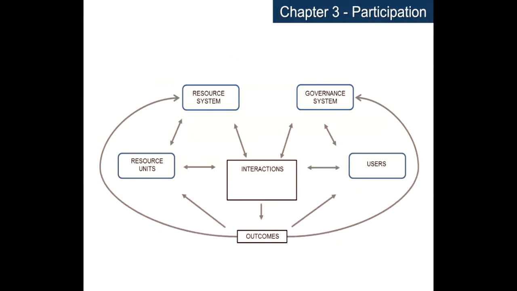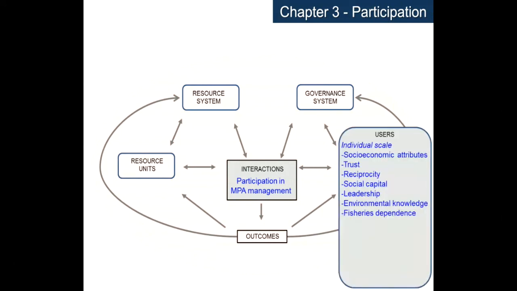So returning to the SES framework with which I structured my analysis, we can see that participation goes in this interactions box, and that individual scale characteristics of the user system included these things, these are the ones I looked at, as well as these ones drawn from the theory of planned behaviour, and cooperative disposition as indexed by the public goods game.